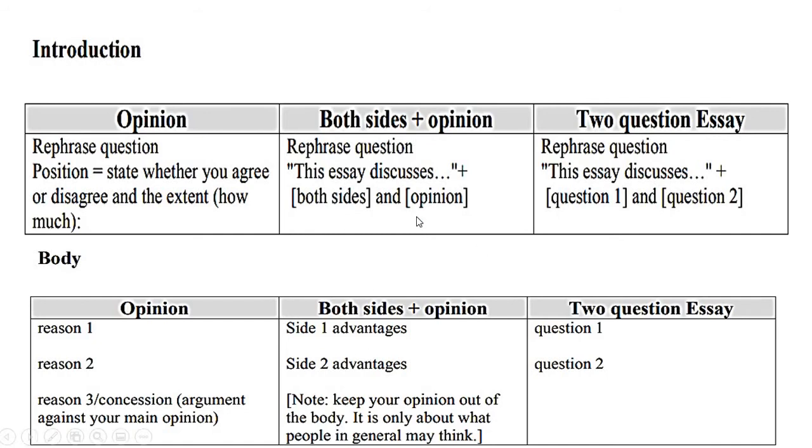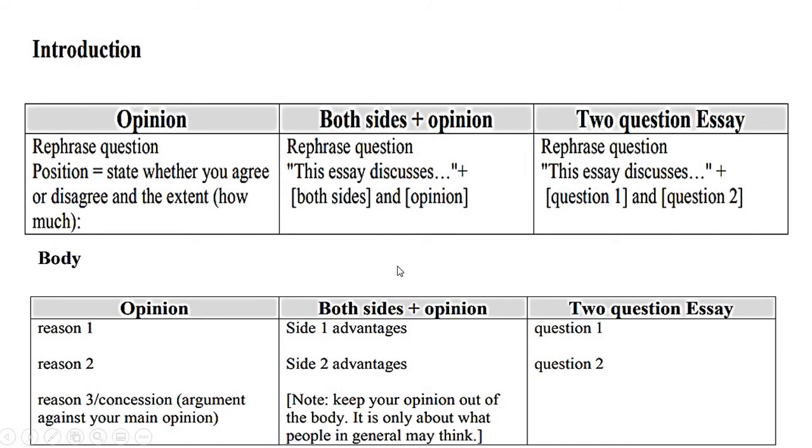Next, we have both sides plus opinion. This essay starts with this line: this essay discusses both sides and then your opinion. For example, this essay discusses the advantages and disadvantages of using social media, and then your opinion.